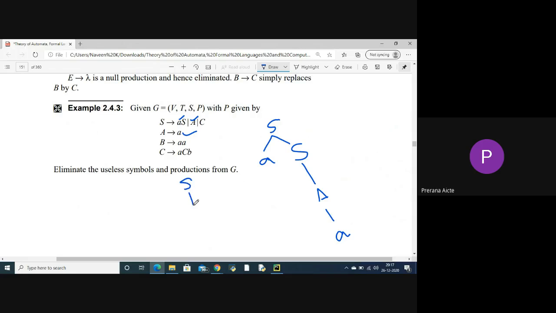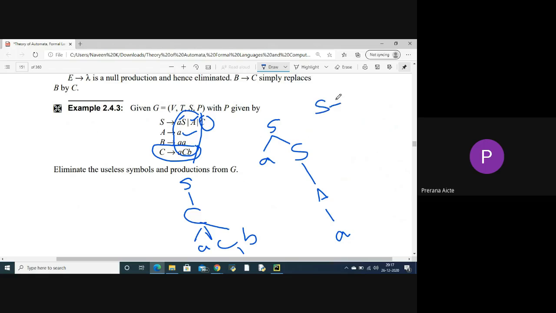Okay, S tends to capital C, C tends to ACB. Again, there is no ending for C here. There is no terminal symbol for C. So the productions which contain capital C are useless. And there is no right side production for capital B also.